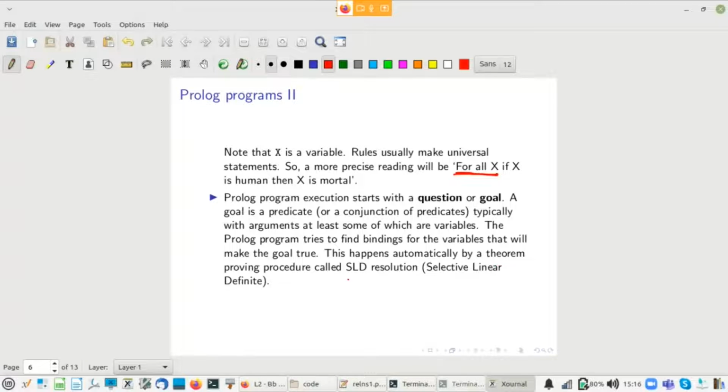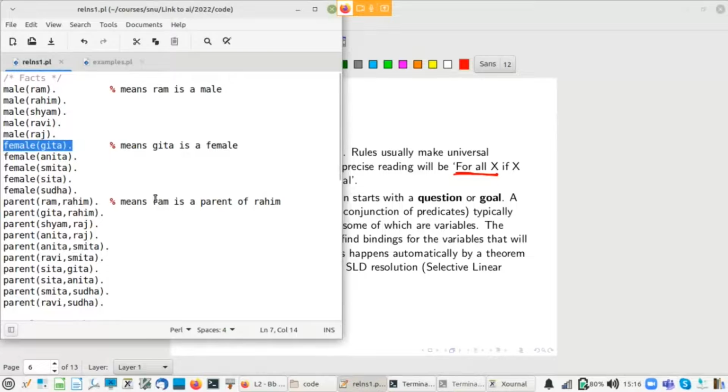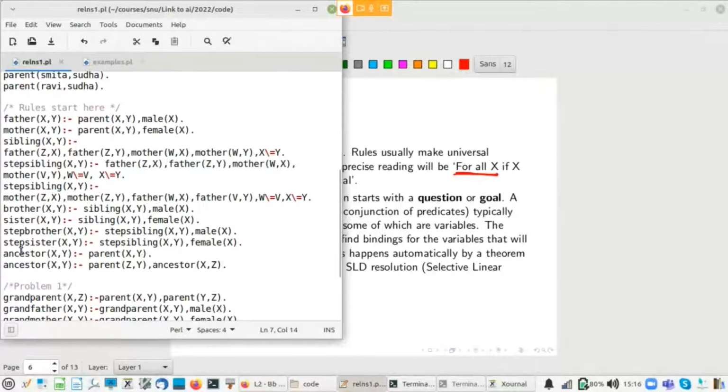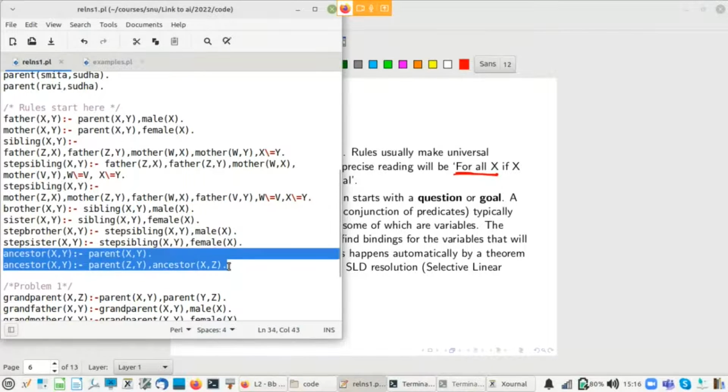So notice that when we wrote code here, notice how smoothly we did recursion. Take for example ancestor here. If you look at the ancestor definition, notice that it's a recursive relation, right? So this is the base case: ancestor x y, if x is the parent of y, then x is an ancestor of y.